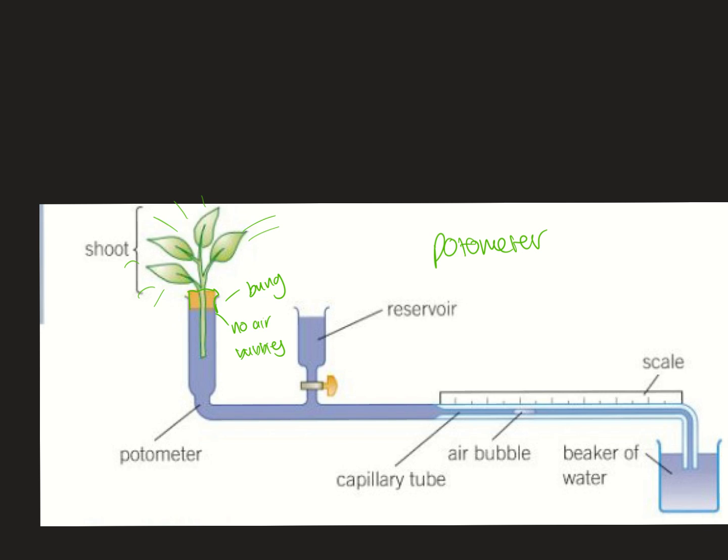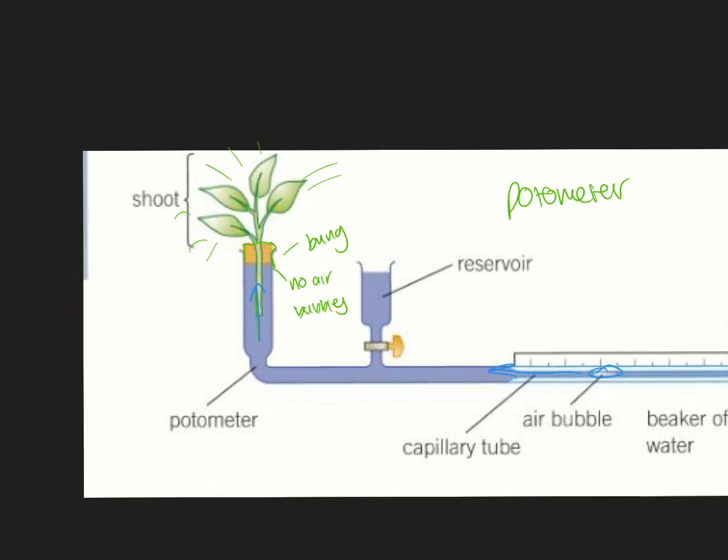This would mean that I would siphon up water. It would siphon up water going that way, dragging the air bubble that we're measuring along the potometer. The aim is to measure how far the air bubble goes in a given amount of time.